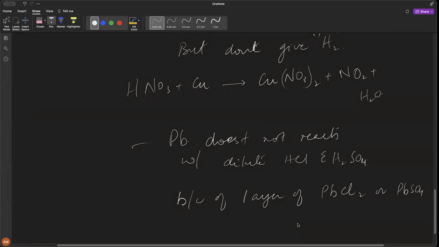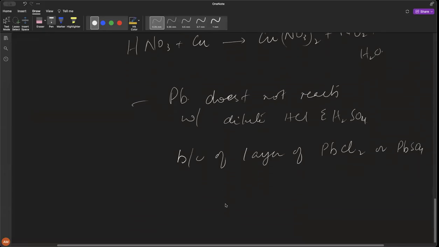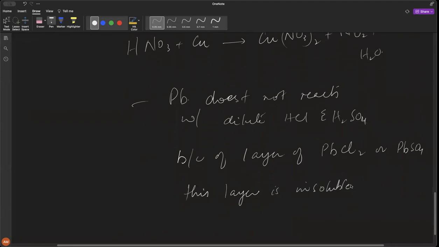But once that salt is there, it forms a layer. This layer is insoluble in water, right? We'll see that some salts are insoluble, like lead salts. So this layer is insoluble in water.